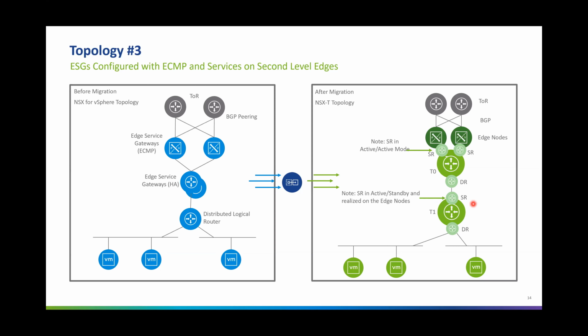So we're instantiating this T1, and we're going to make sure that in the edge node, we have this SR component that does those types of services. And then we have the DR at the bottom, which is our T1 DR that does the routing. And then below that, we'll instantiate NSX-T segments. And in the very end, when all the stars are aligned, we'll take the VMs and we'll move them from the V environment and plug those vNICs into the new T segments.